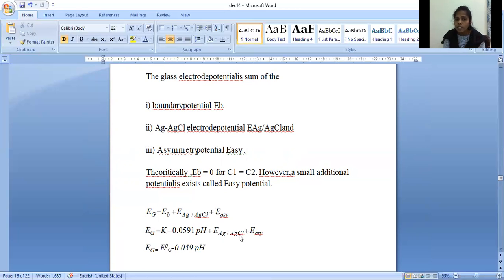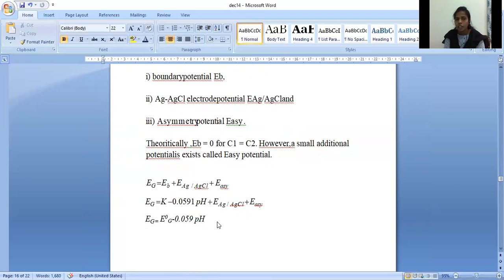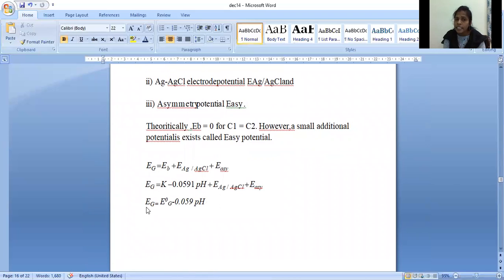So that constant we are assuming as E naught G, the glass electrode potential at the standard conditions. By adding these three, we get the glass electrode potential at the standard conditions. So finally we got E_G equals E_G naught minus 0.059 pH. So this is the glass electrode potential value.